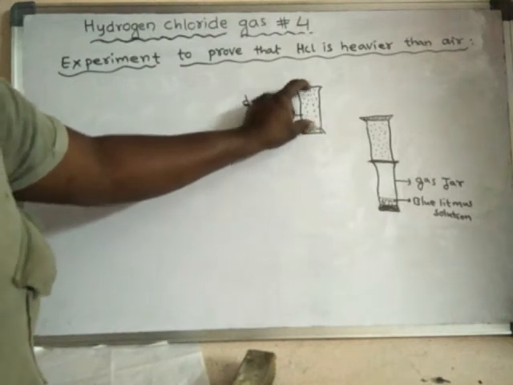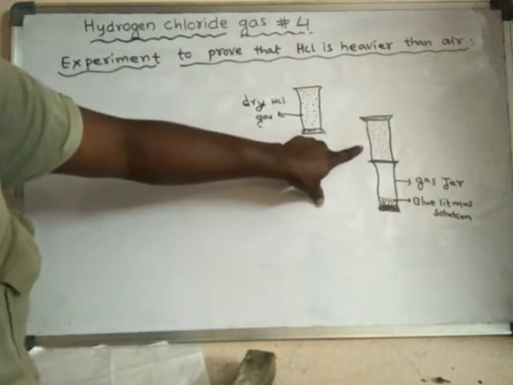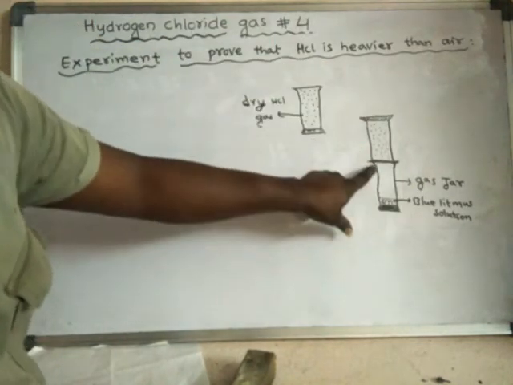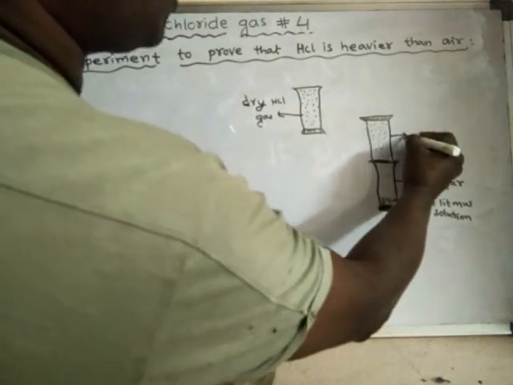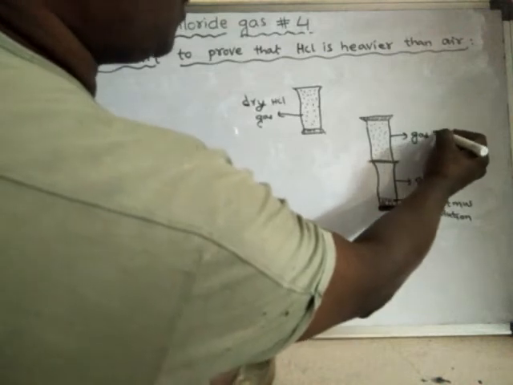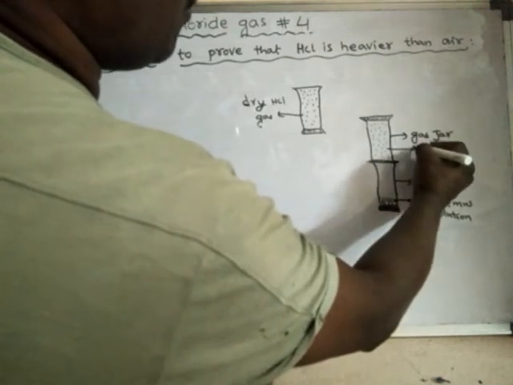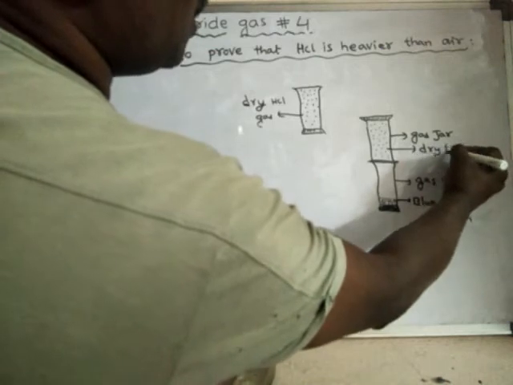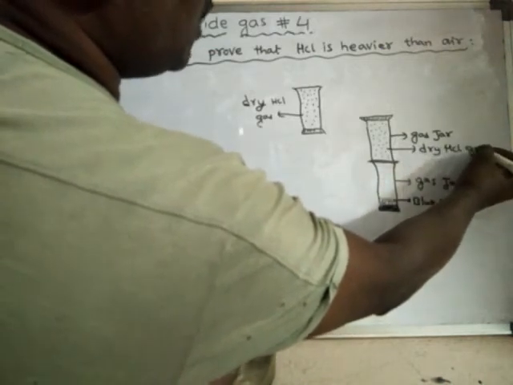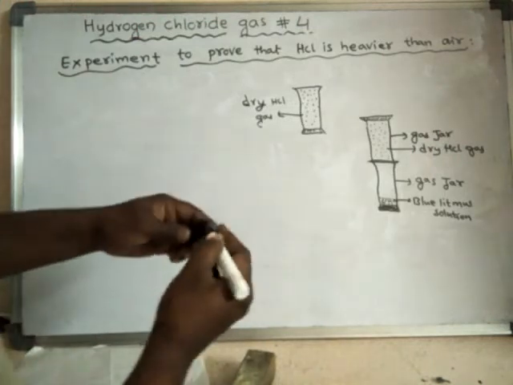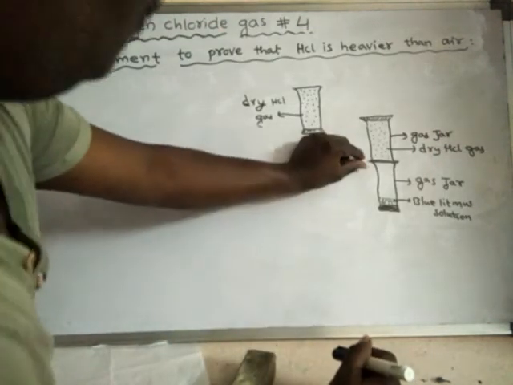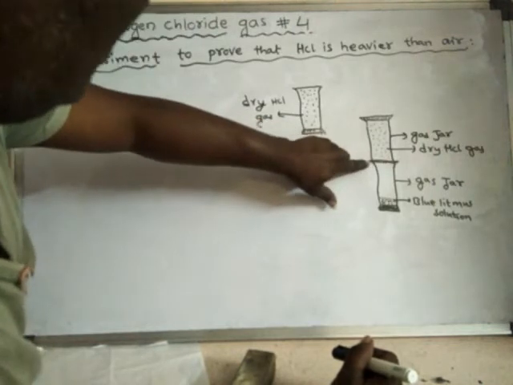This dry HCl gas is inverted on the gas jar which has blue litmus solution. This is another gas jar, which has dry HCl gas. So now, after introducing this one, you pull out this glass disc.